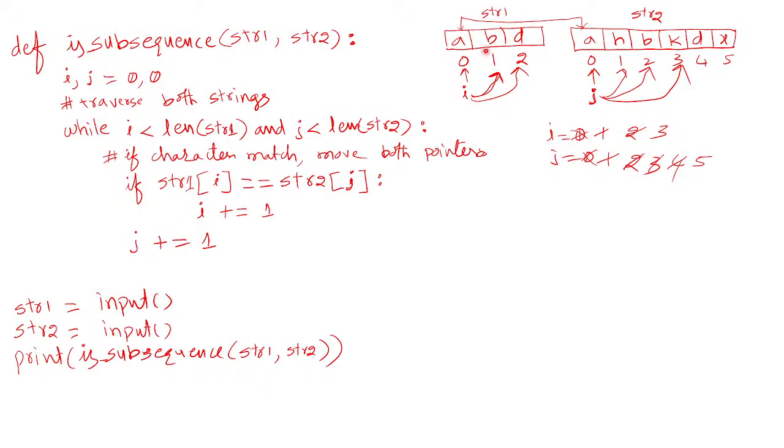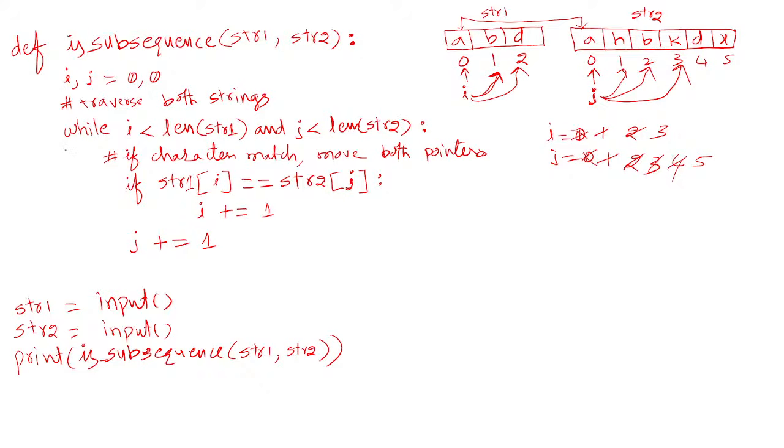So how do we know that we have reached the end of string 1? That is a very important statement to be written in this program. It is now time to decide that we have reached the end of string 1 and that it is a subsequence.